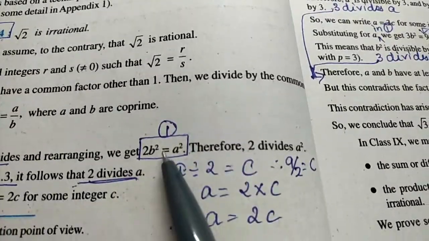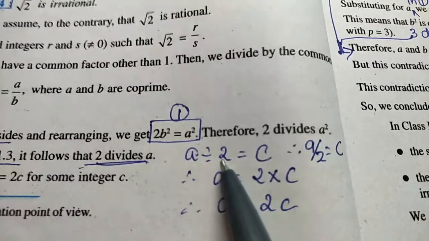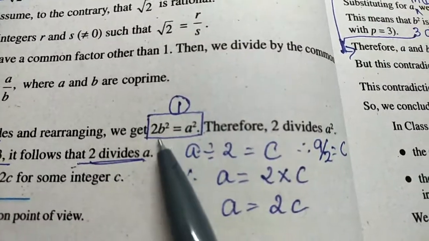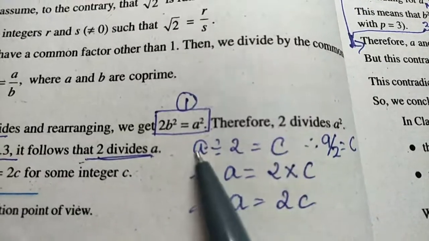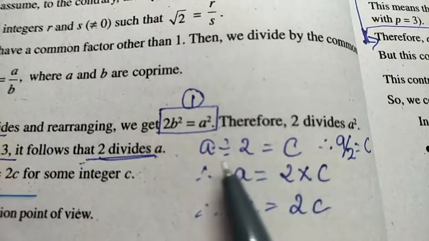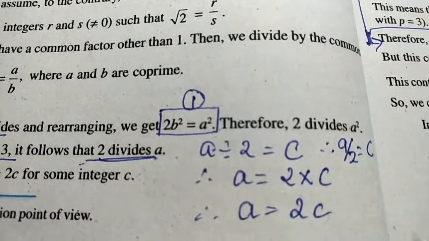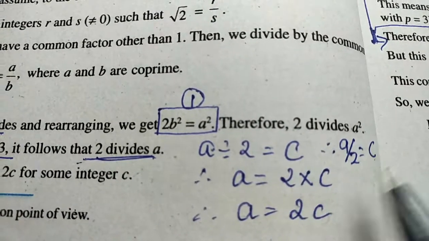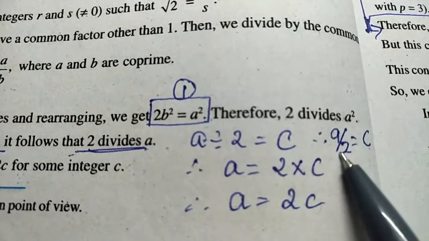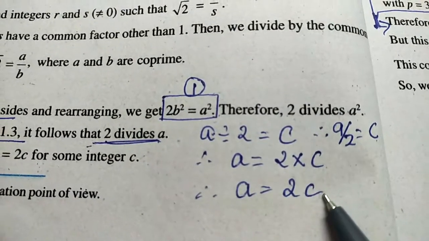So because a square is divisible by 2, a will also be divisible by 2. So suppose a divided by 2 is c. So a is equal to 2 multiplied by c, so a is equal to 2c.